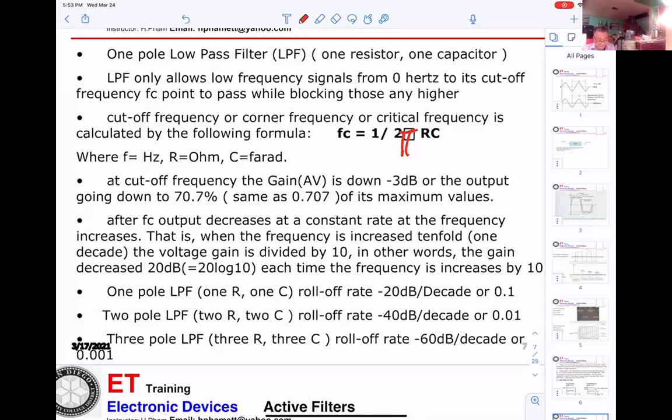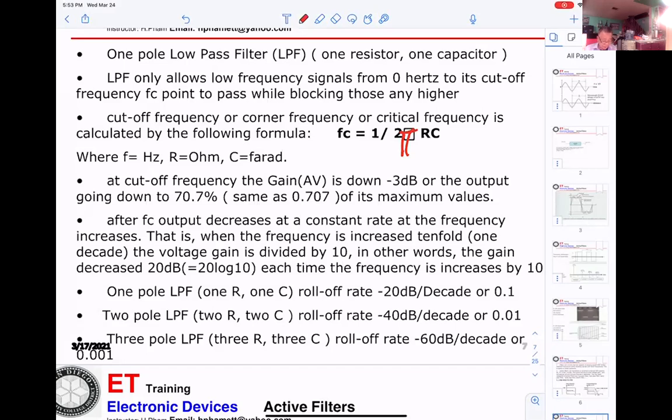That is, when the frequency increases tenfold, 1 decade, the voltage gain is divided by 10. In other words, the gain decreases 20 dB each time the frequency is increased by 10.